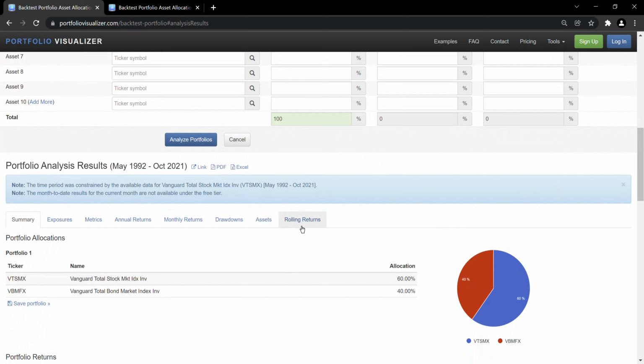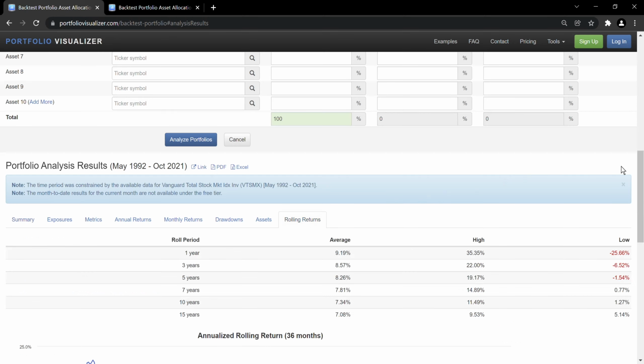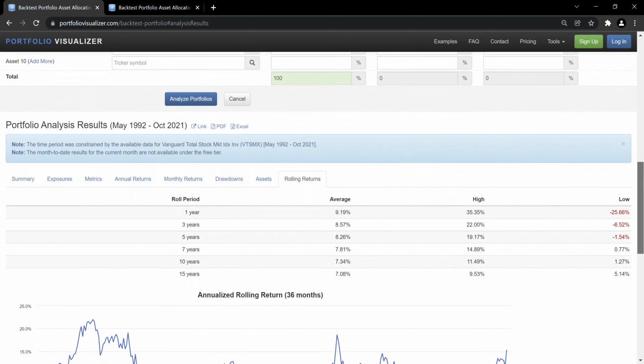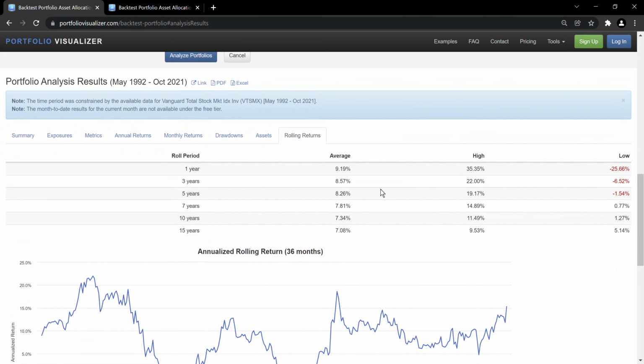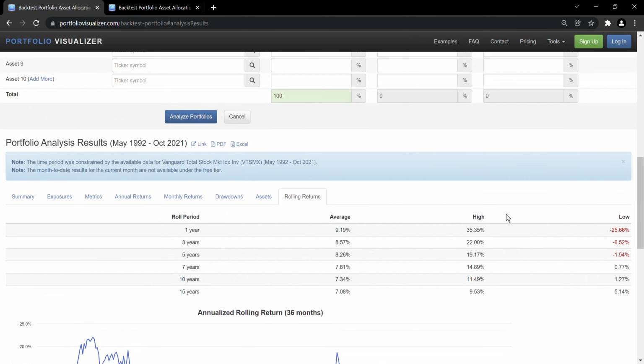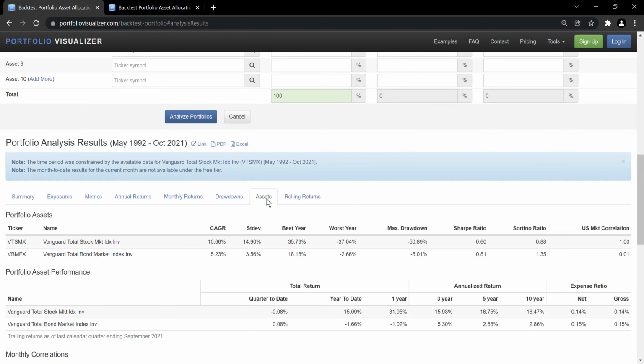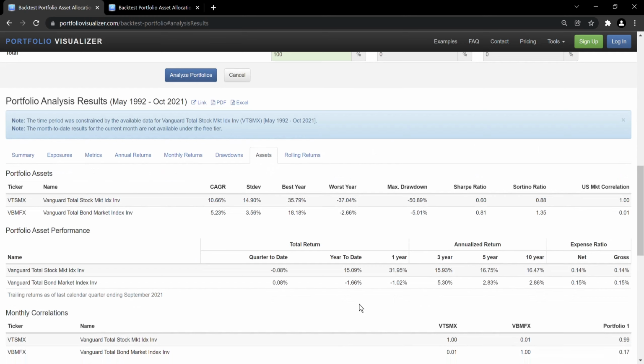So you can look at something called rolling returns by clicking on this. And you see what the high, average, and low was for that. It did have 5-year periods where it was underwater. That's important to note. You click on the assets one, it looks at the assets in particular and what they did in your portfolio.